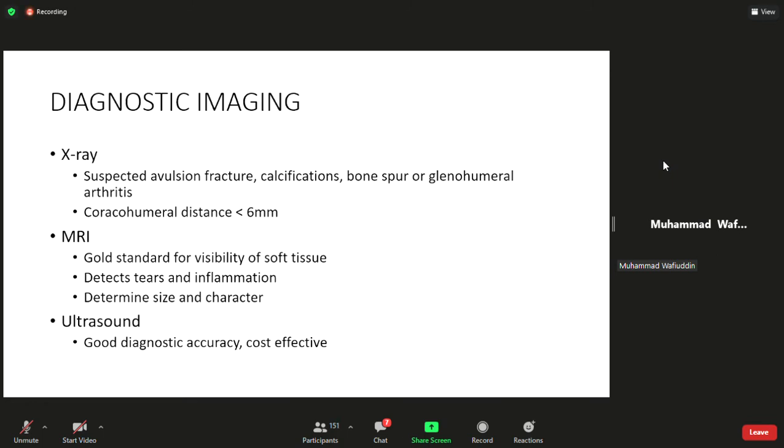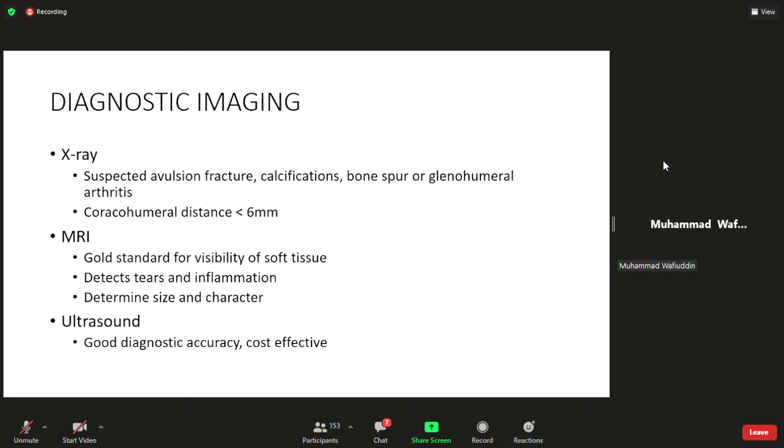But if the patient is an old patient, maybe you can see calcification, a bone spur or glenohumeral arthritis, right? And the acromiohumeral distance, basically the head has shifted upwards because of the weakness, the contracture and the stiffness of the rotator cuff.